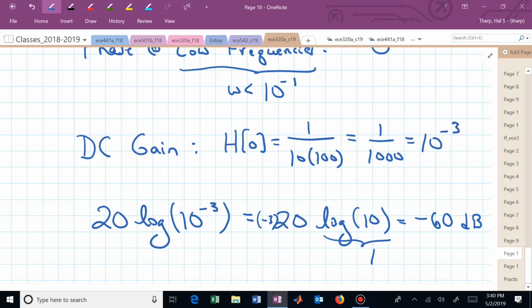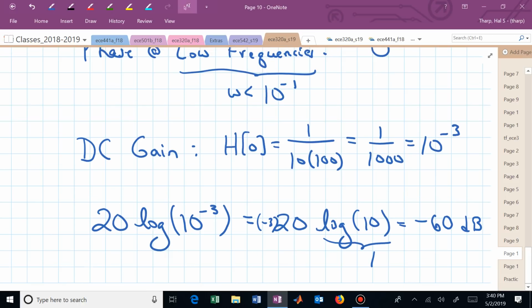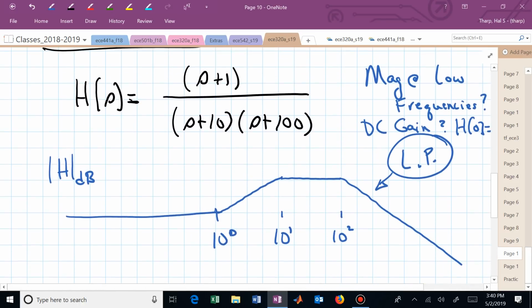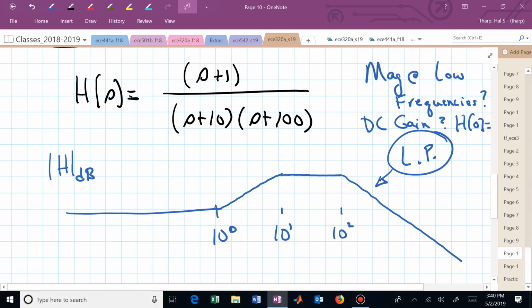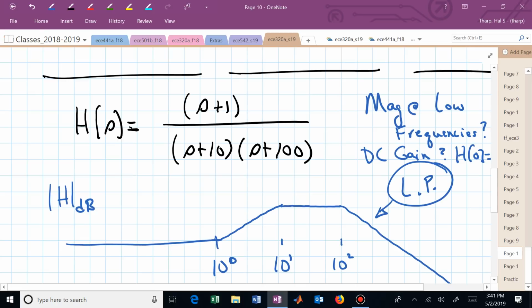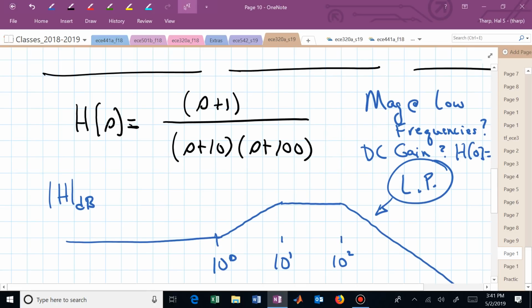Yes? Yes, so the question was, if you're just interested in the shape, you don't really need to know where we're starting, what level we are at. In this case, that's minus 60 dB.